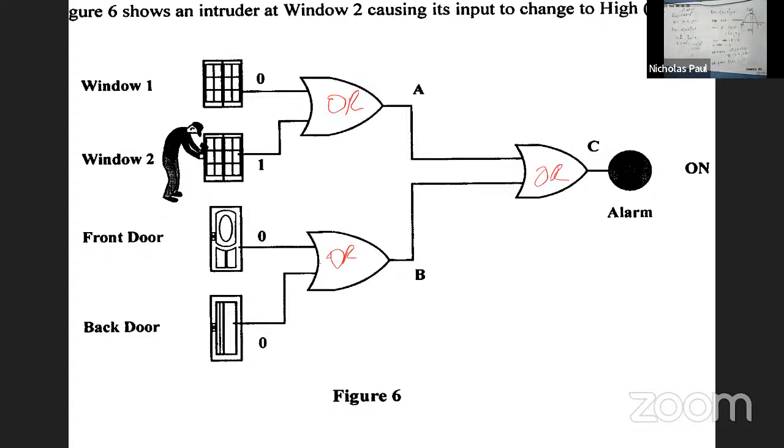A is what? 1. B is 0 and C is 1. So will the alarm sound? Yeah, the alarm will sound, right?